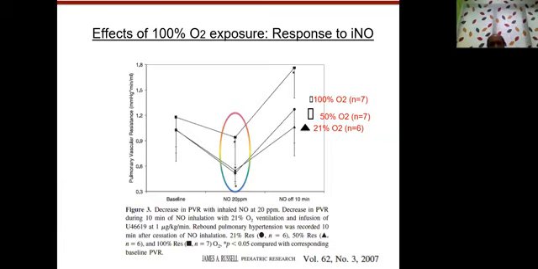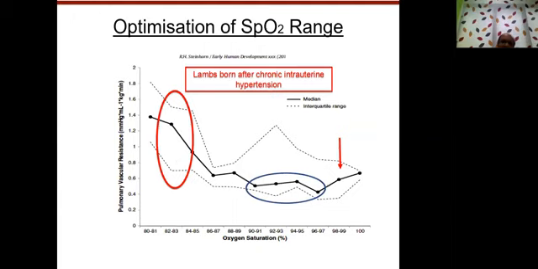But as soon as the nitric oxide is stopped, within 10 minutes, there is rebound pulmonary hypertension. And the individuals who were given 100% oxygen had a very significant rebound of pulmonary hypertension compared to individuals with 21%. So again, it shows that oxygenation may be good, but the rebound effect is quite drastic there.